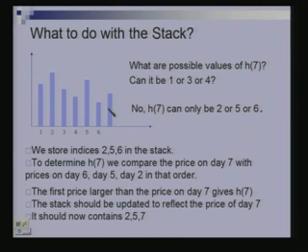But now once I know h of 7, I should update my stack. What should my stack contain now? Earlier it contained the indices 2, 5 and 6. What should it contain now? 2, 5 and 7. Is that clear? Because for 8 now, h of 8 can never be 6. So, I should get rid of the 6 and replace it by 7.